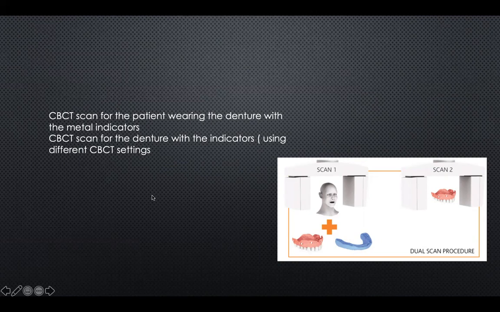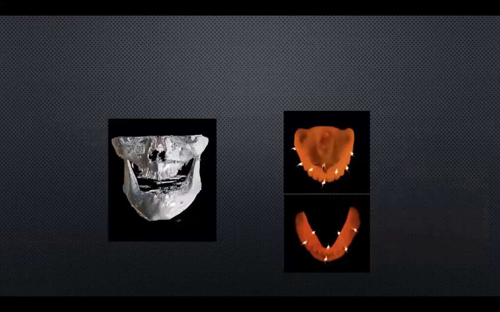And also we have to change the CBCT scan settings in the machine from scanning bone to scanning denture. So after this, we end up with 2 scans.